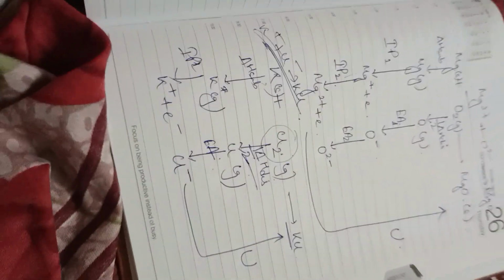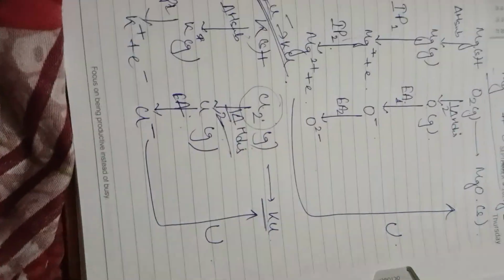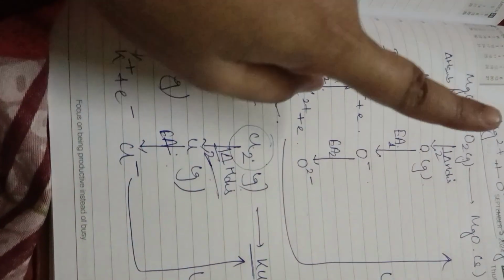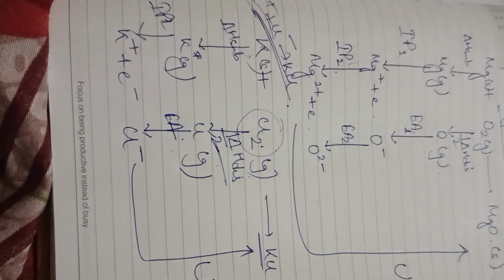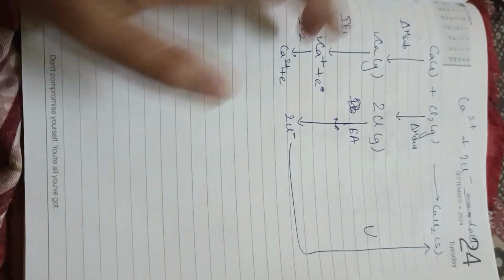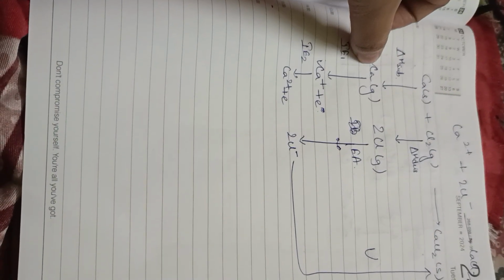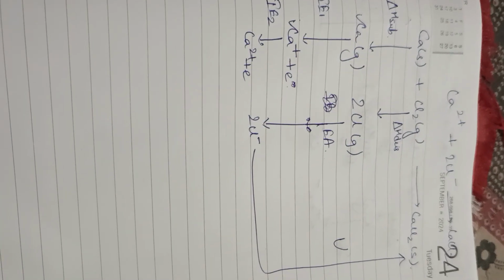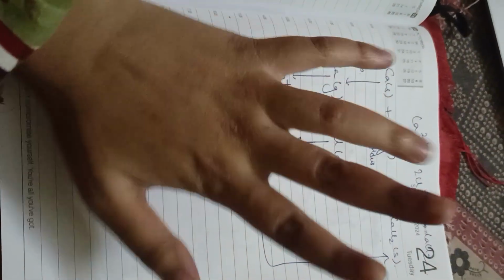Understood nicely? This was your Born-Haber cycle, nothing more. I will show you one or two more examples like this one. You can do delta H sublimation, you get Ca gaseous. First you forget this, as I said. Ca and Cl2 will react to give CaCl2, so you need Ca2+ and 2Cl-.